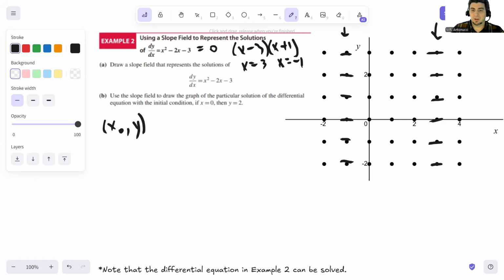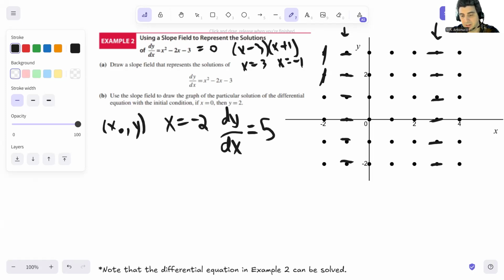Now, the next thing we can do is investigate the behavior of tangent lines on each side of -1 and 3. So, for example, if x equals -2, dy/dx equals 5. So the tangent lines have a slope of 5 for -2. That means they're very steep when x is -2, like this. Okay.